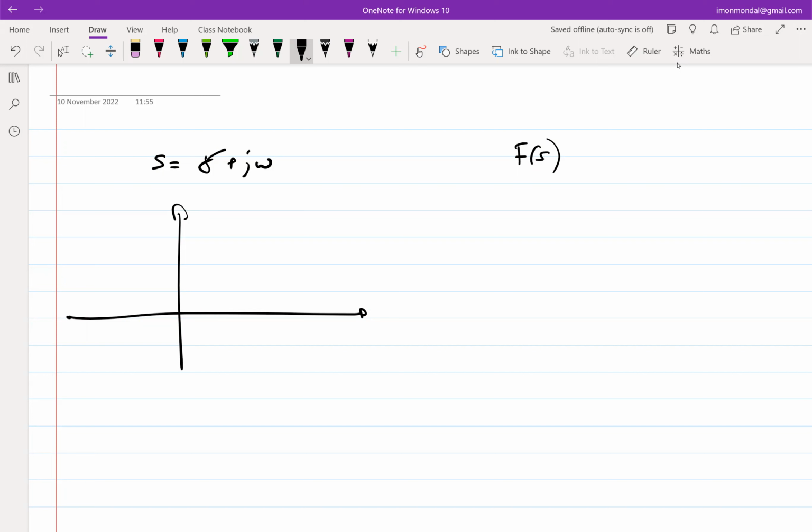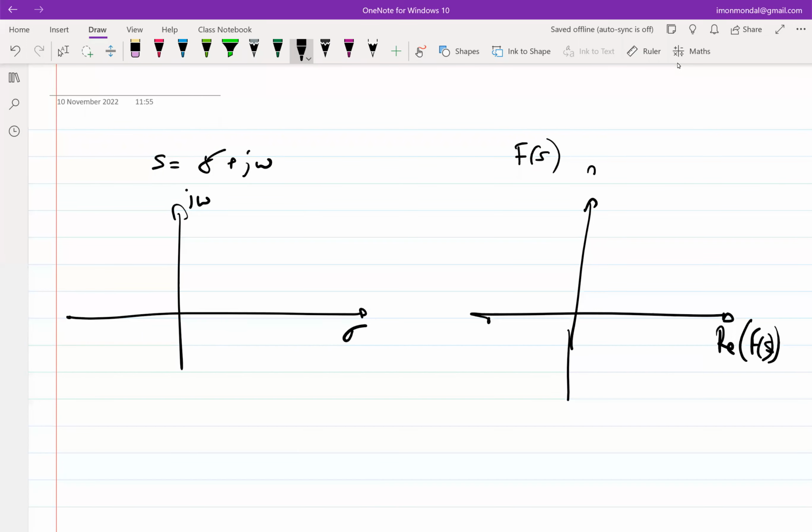So what we generally do is we take one point on this S plane. Let's say this is the S plane, where this is sigma, this is omega, and this is the real of F of s, and this is the imaginary of F of s. So I will take one point on this S domain, and this is the F domain.